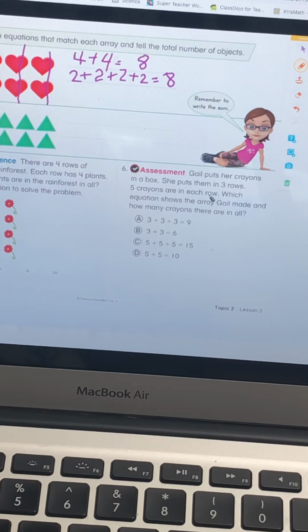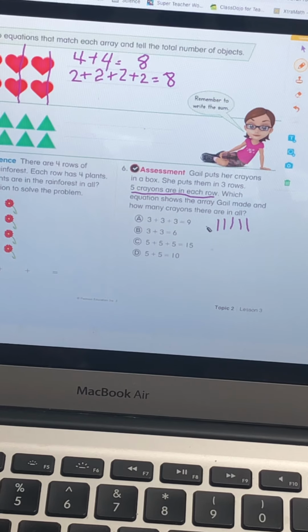So there are 5 crayons in each row. I'm going to count. 1, 2, 3, 4, 5. That's the first row. How many's in the second row? If there's 5 in the first row, how many's in the second row? 5, because that's what it says. 5 crayons are in each row.